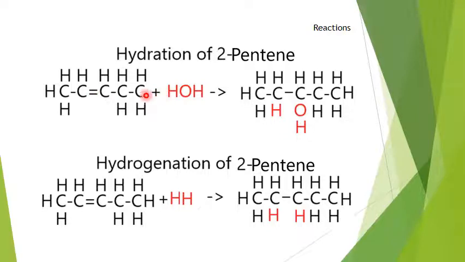The double bond disappears, and an H of the water attaches to this carbon here, and an OH attaches to the other carbon, like this. When you draw this out, don't write CHO. It's COH. Notice the double bond's gone. So this is a way of getting rid of the double bond.